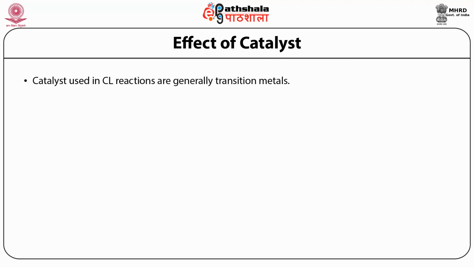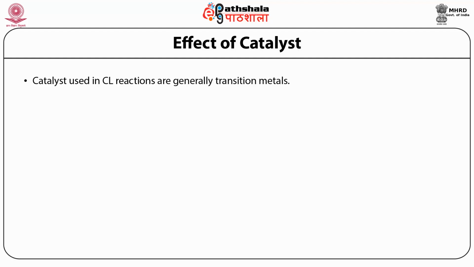Some of the external factors which affect the chemiluminescent process involve the effect of catalyst. We already know that catalysts are those substances which accelerate the rate of reaction. So here they also do the same, so they also affect the chemiluminescent reactions. In chemiluminescent systems, the catalysts usually are transition metals, whereas in case of bioluminescent reactions, the catalysts usually are enzymes.